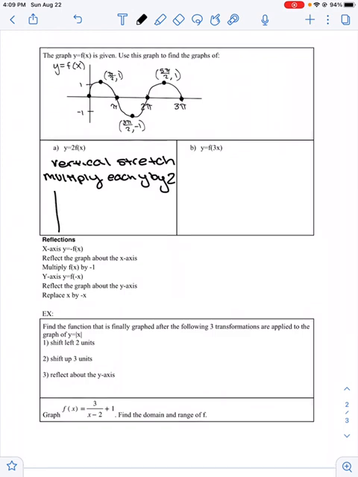So we're going to take those points and multiply each y value by 2. Our origin still stays the origin, but pi over 2 comma 1, 1 times 2 is 2. So now it's going to be pi over 2, 2. And then pi, 0. 0 times 2 is still 0. And then 3 pi over 2 comma -1. -1 times 2 is -2.